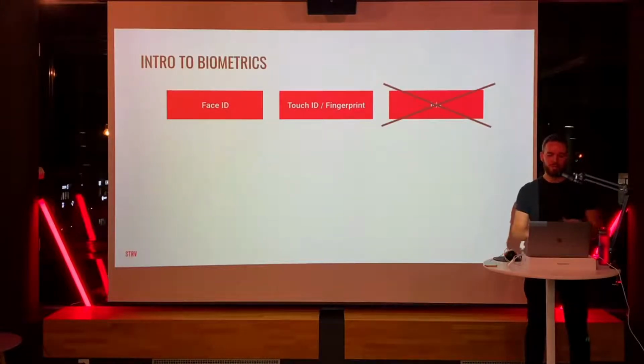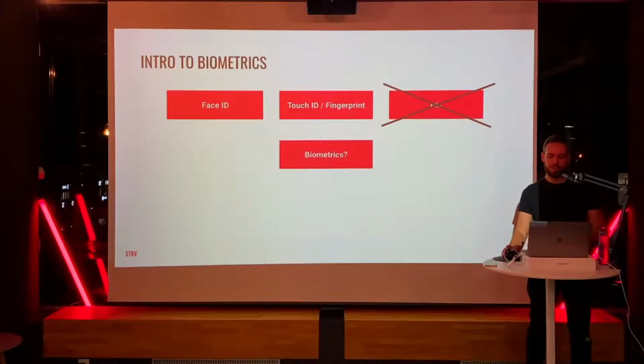So in simple terms, under the biometrics umbrella, we can put Face ID and Touch ID or fingerprint, but I would mention that Apple, I would say, doesn't embrace the biometrics label. They like to talk specifically about either Face ID or Touch ID, while Android generally talks about biometrics, maybe because previously they also had the iris recognition.